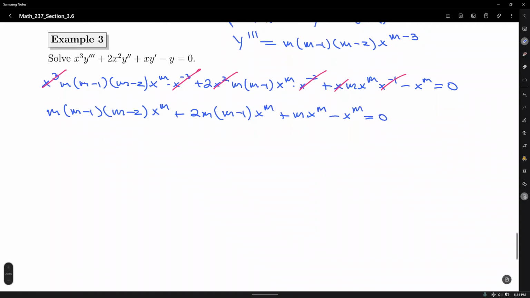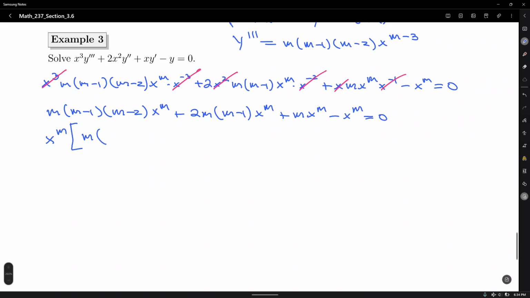Notice again, in a similar way as the deduction of the auxiliary equation for the second order differential equation, x to the m is a common factor. Let's factor it out, x to the m. After factoring, to save some time, I'm going to expand this binomial.